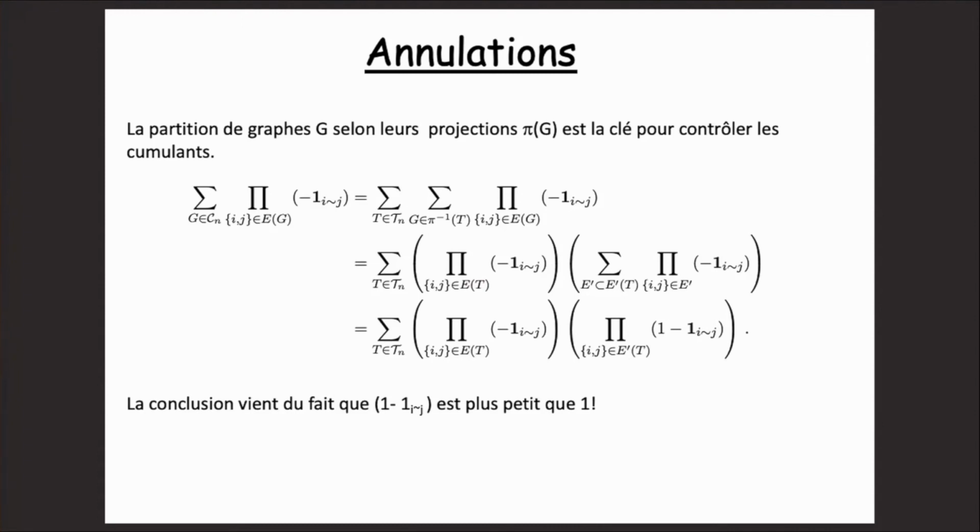Either you pick the edge, or you don't pick it. Okay, so when you recombine all this, what you obtain is just a product over all these edges here of 1 minus this indicator function, and of course the product of 1 minus the indicator function is always less than 1. So this factor now is less than 1. You just don't care about the sign, and then you end up with this tree inequality.